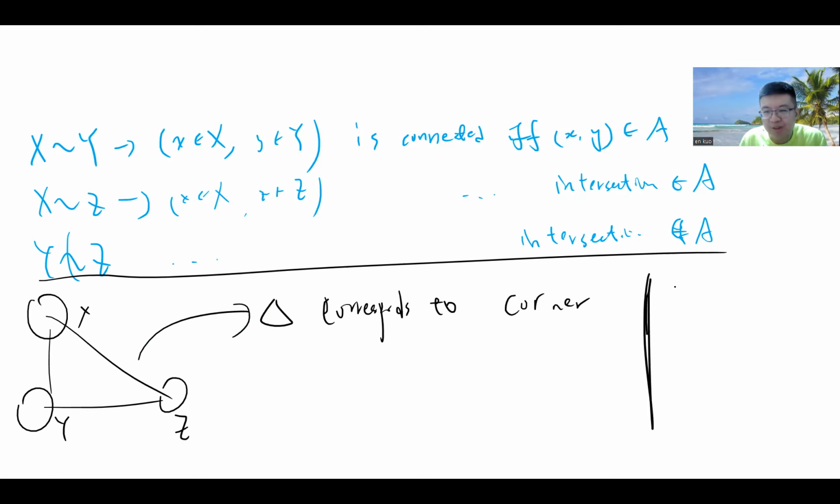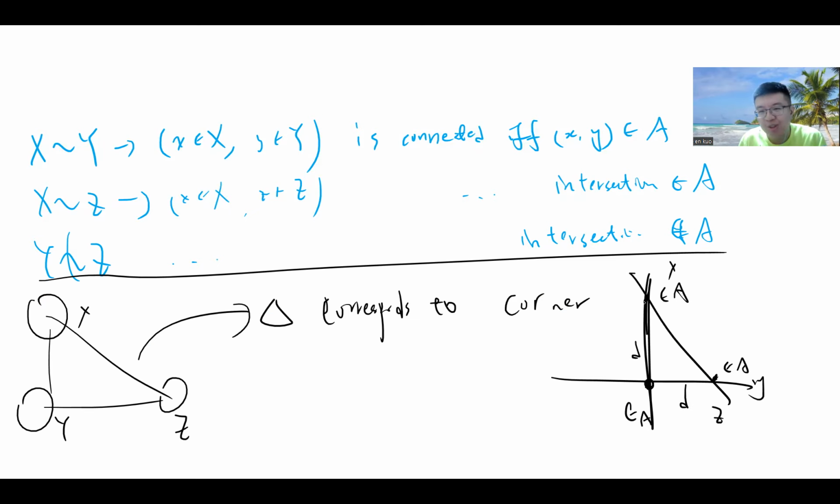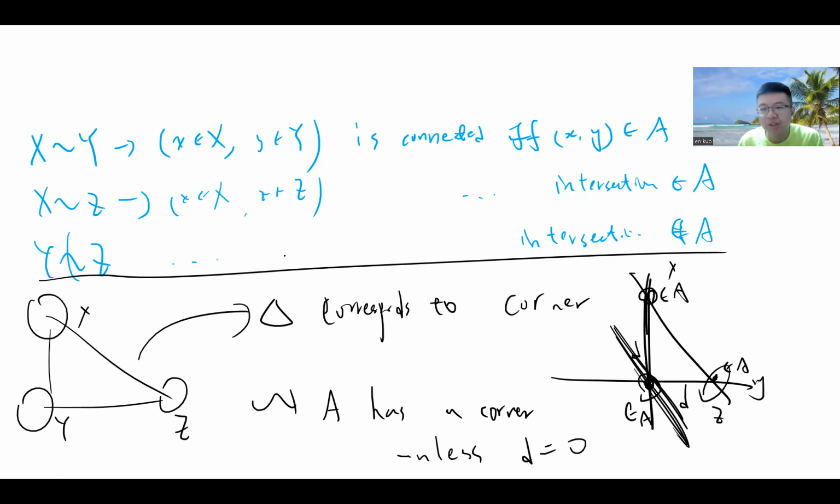Because you have some x and y, and then some z, and they're all in A. So this point is in A, and this point is in A, and this point is in A, so A must have some corner, unless d is 0, right?